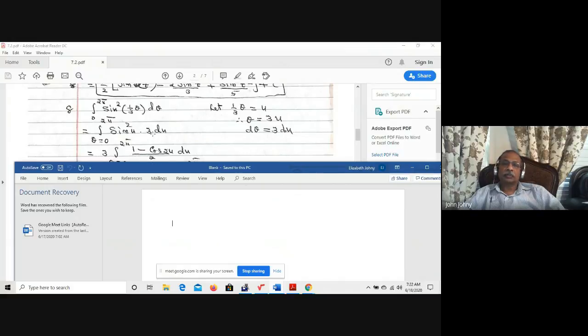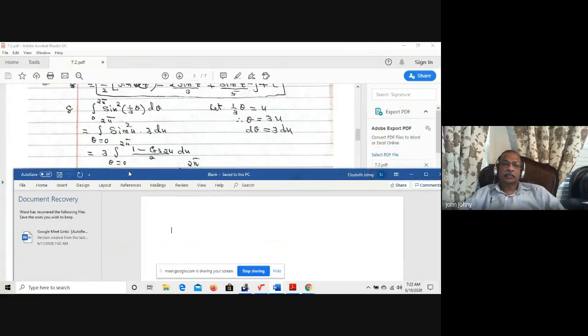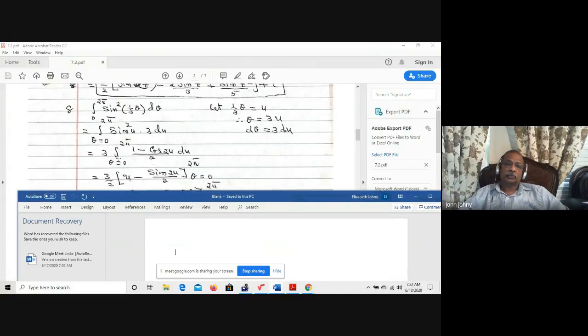So this 3 is pulled out. Then integral, theta varies from 0 to 2 pi, 1 minus cos 2u divided by 2 du, and pull out that 2, so it becomes 3 over 2 outside. And the antiderivative of 1 with respect to u is u. Then you have a cos 2u here, and the antiderivative of cos 2u is sine 2u divided by 2.